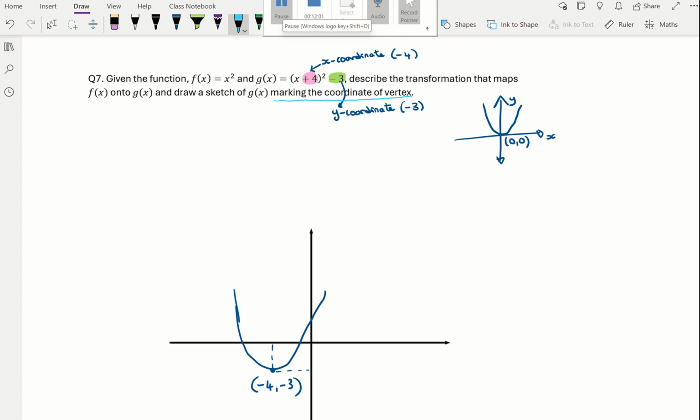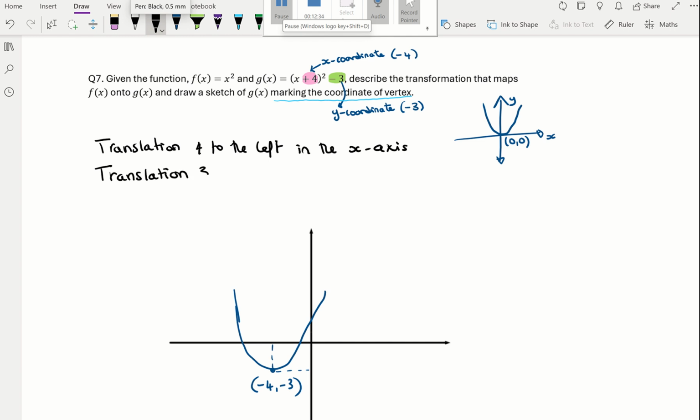So I have sketched my graph, and then I need to also say what has happened. So it's moved left by 4 and down by 3. So it's a translation 4 to the left in the x-axis, and it's also a translation 3 down in the y-axis.